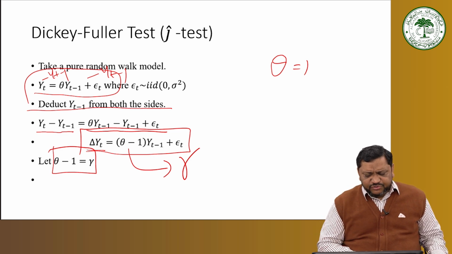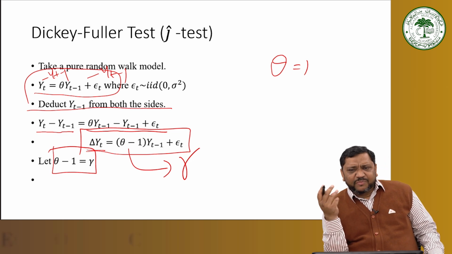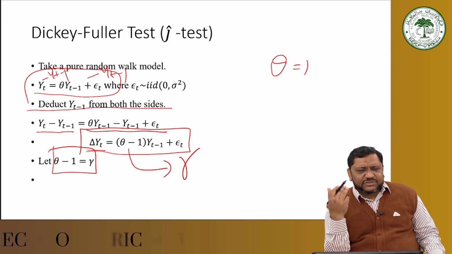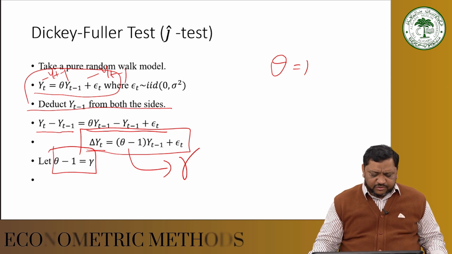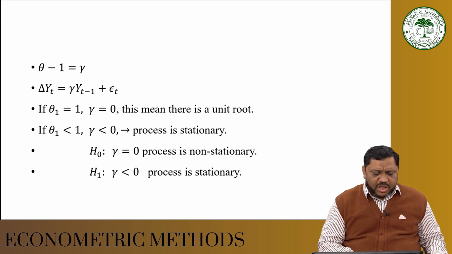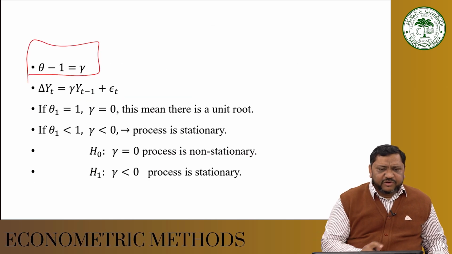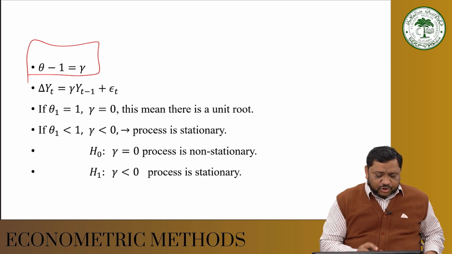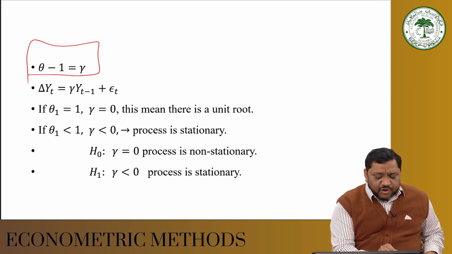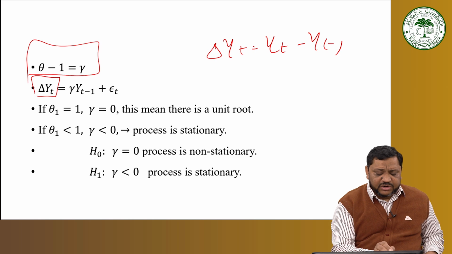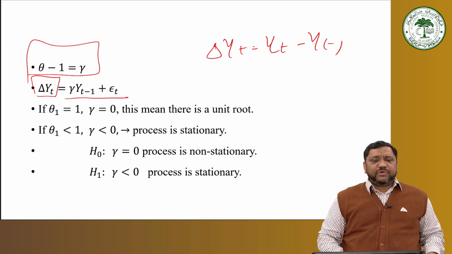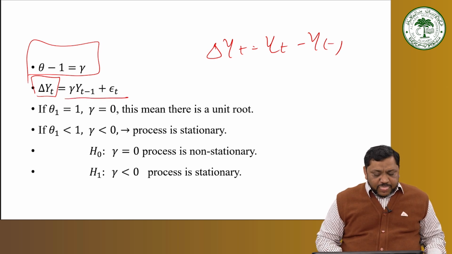In the Dickey-Fuller test, we do not need to test for normality. Although if you are doing a t-test, we need normality, but it is not required here in the Dickey-Fuller test. Now we have assumed that gamma is equal to theta minus 1. So now we write it as delta yt, which is nothing but yt minus yt minus 1, is equal to gamma yt minus 1 plus epsilon t.